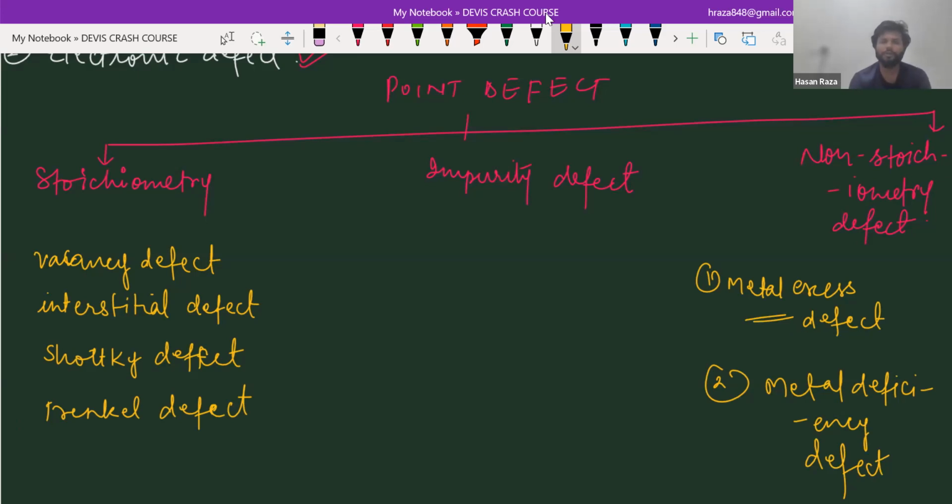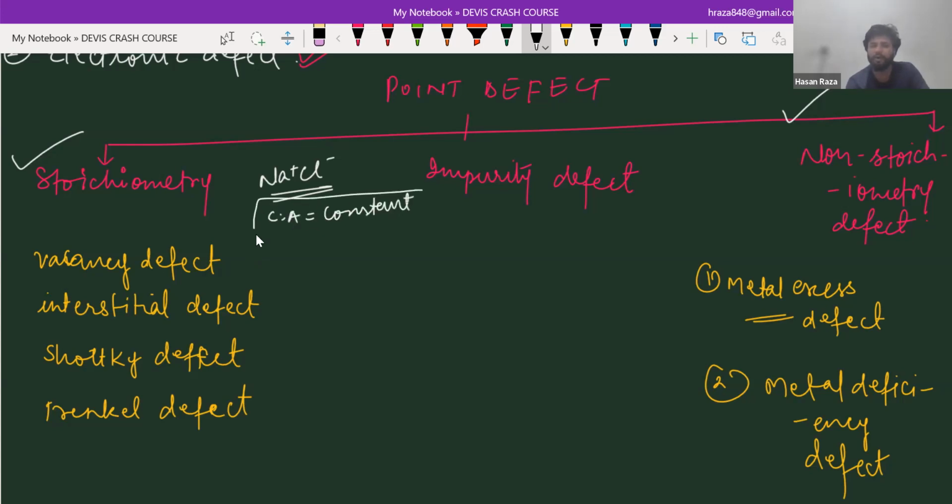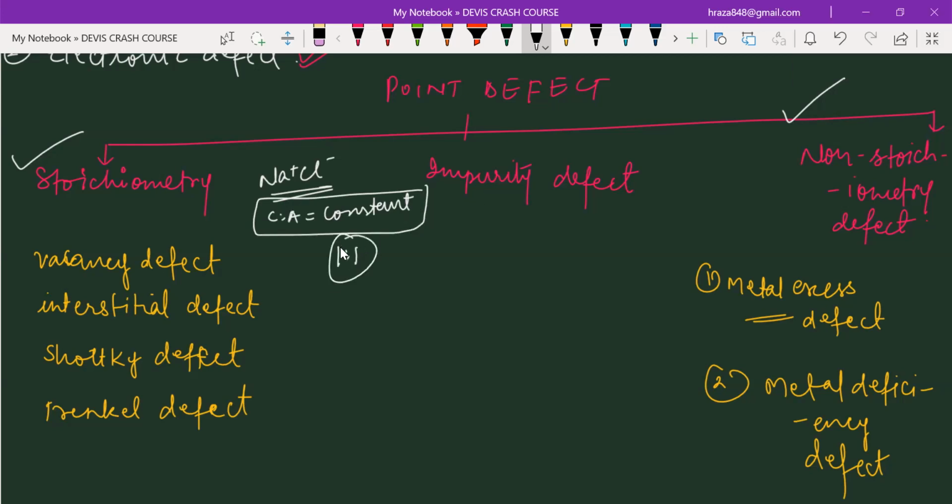First, I am going to tell you what is stoichiometric and what is non-stoichiometric. If there is an ionic compound, suppose Na+Cl-, in a stoichiometric defect, if there is any defect, meaning addition or subtraction, the cation and anion ratio will be constant. If the ratio is 1:1 before the defect, after the defect the ratio will be 1:1.